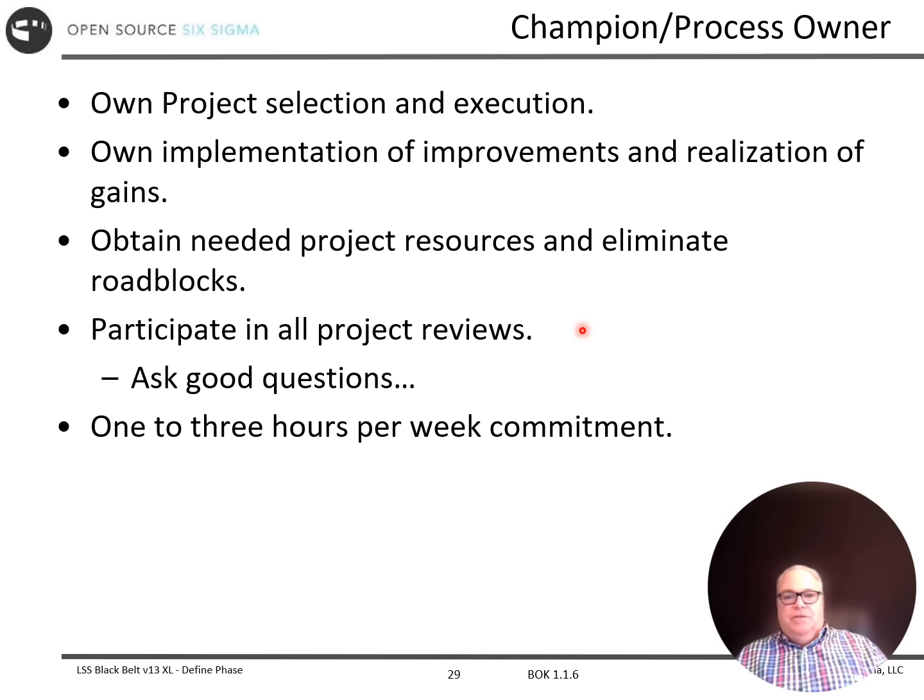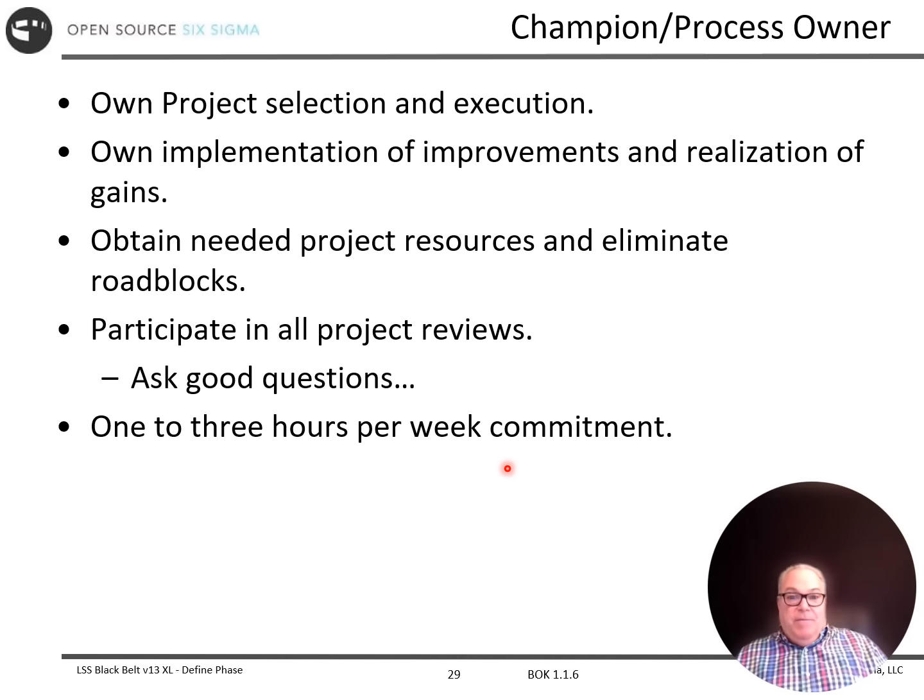So as things shift and drift, you can talk through: do I need different resources? Do I need additional data? Do I need support from an outside organization? That's what we look to be. The champion's role is to make sure that the project execution continues in a positive fashion.